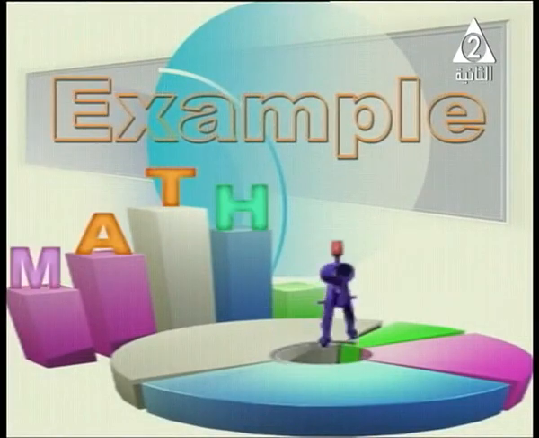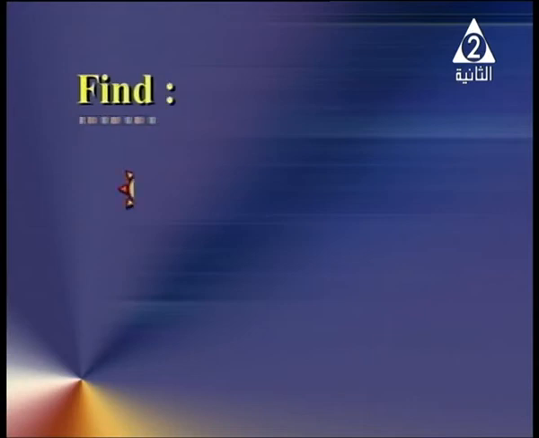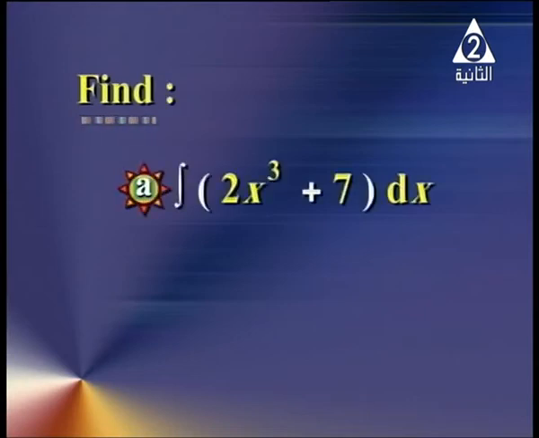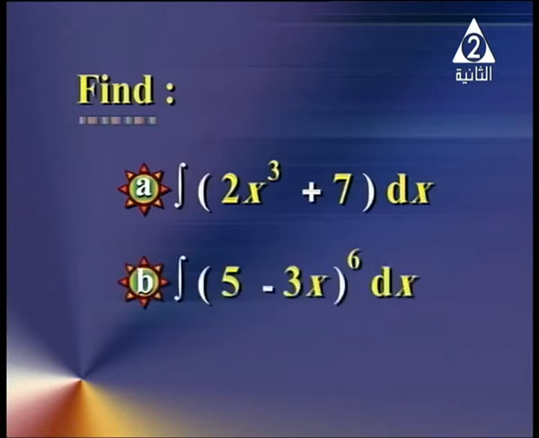Example. Find integration of 2x power 3 plus 7 dx. Number B, find integration of bracket 5 minus 3x all power 6 dx.